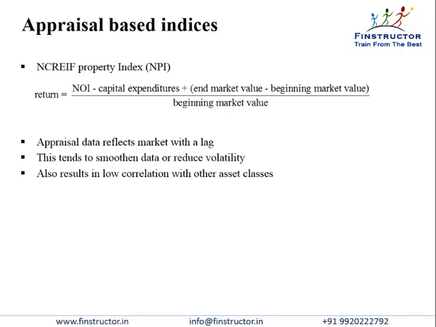Whereas a property may get traded once a year, sometimes once in 10 years. Hence, having a daily index or even a quarterly index becomes much tougher for real estate because so many transactions are not there. Indices, hence, are generally based on appraisal data.